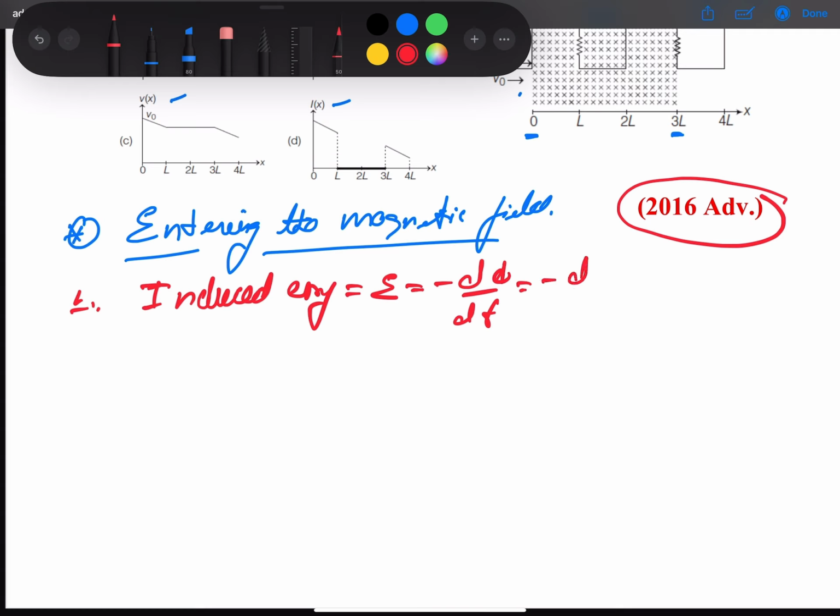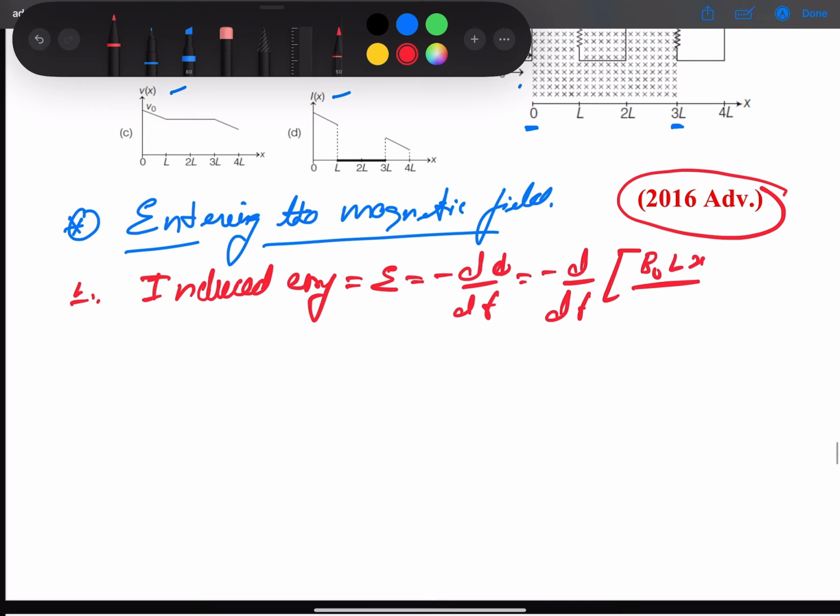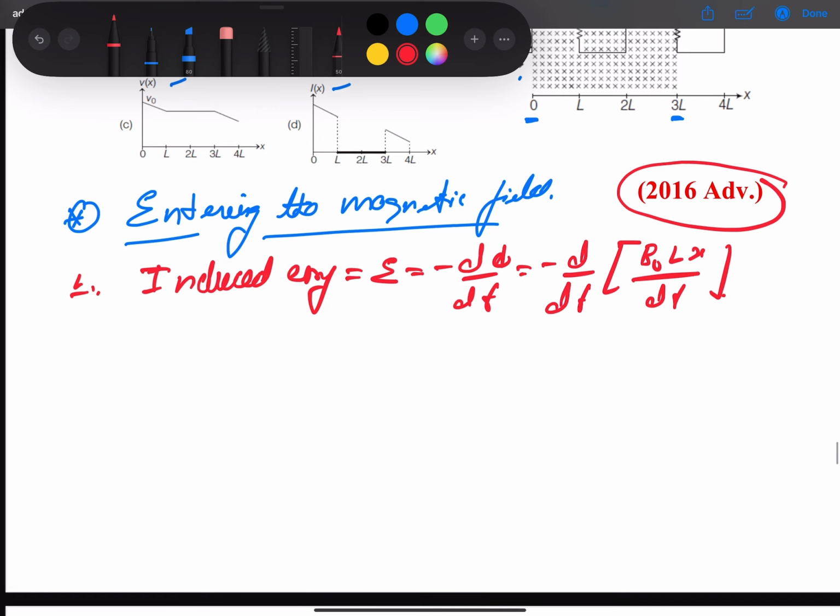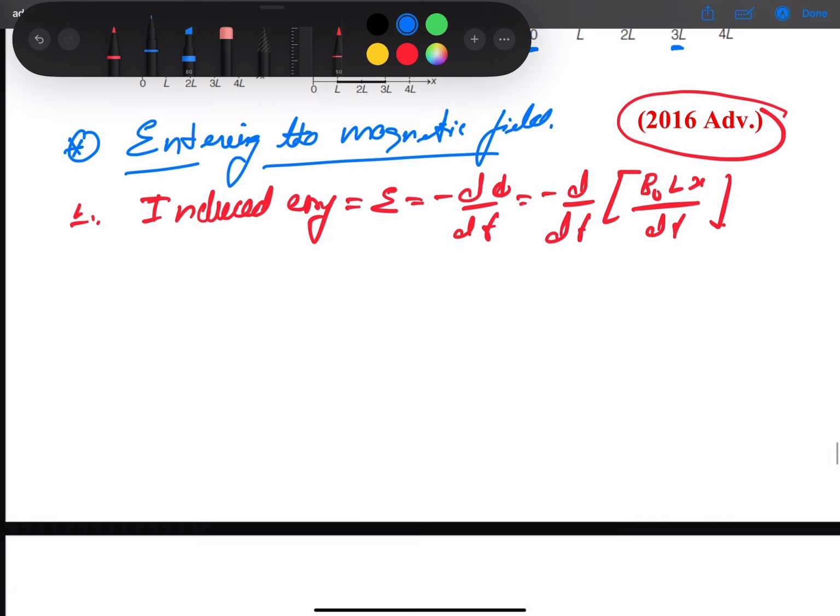We get this as minus d upon dt of B naught L multiplied by x, and this gives us that induced EMF will be equal to minus B naught L times dx upon dt, which is nothing but our velocity.